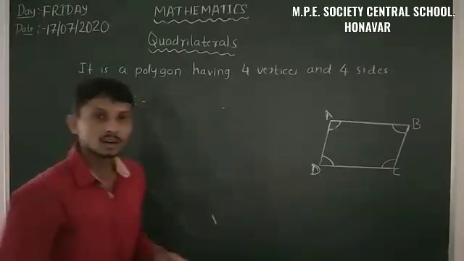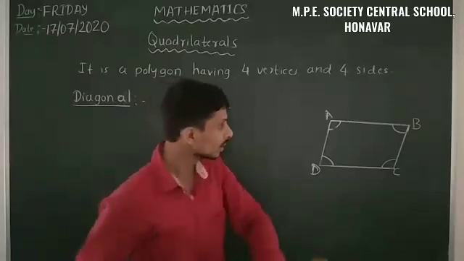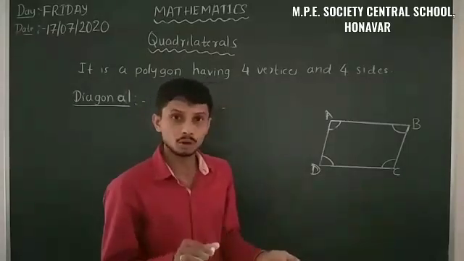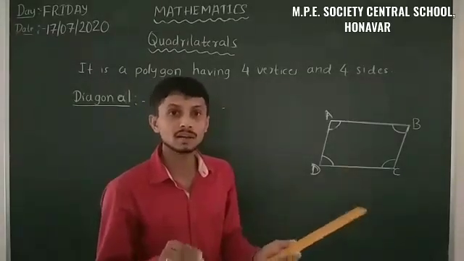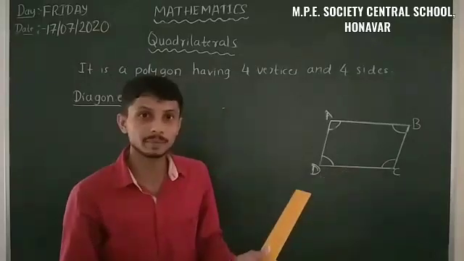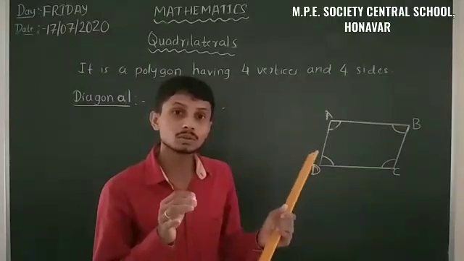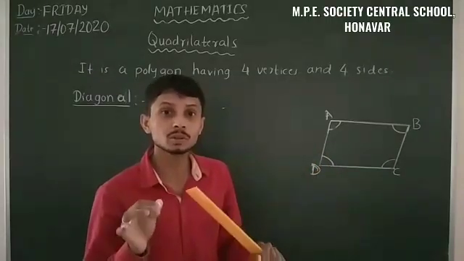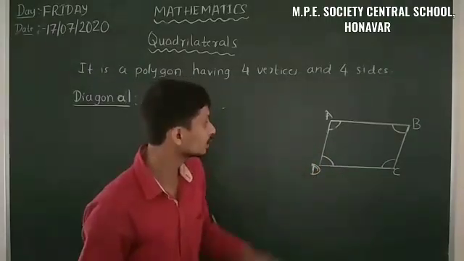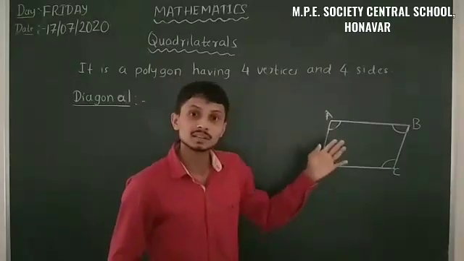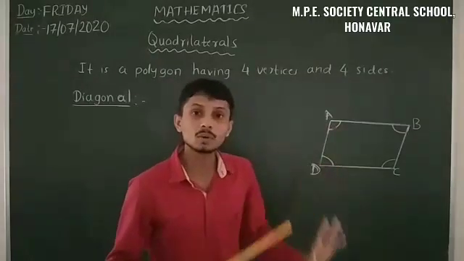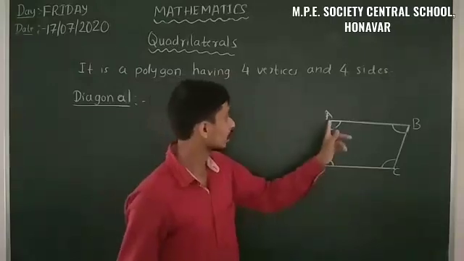So how can we draw the diagonal here? A diagonal is a line segment connecting two non-consecutive vertices. Non-consecutive vertices means those vertices having no common side.